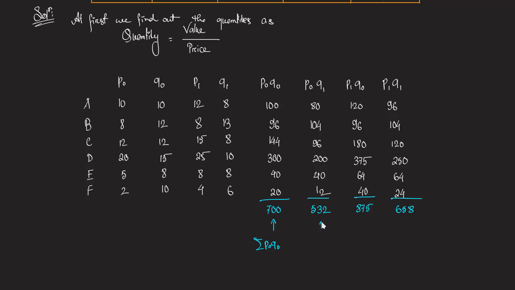P0 Q1, that means this is summation P0 Q1. This is summation P1 Q0 and this is summation P1 Q1.